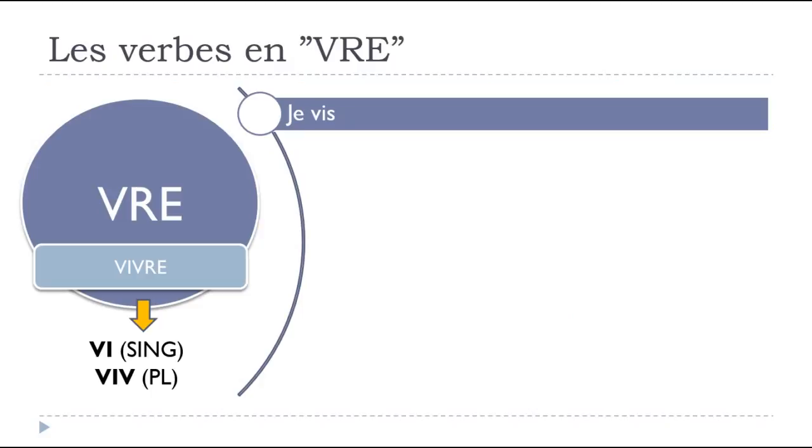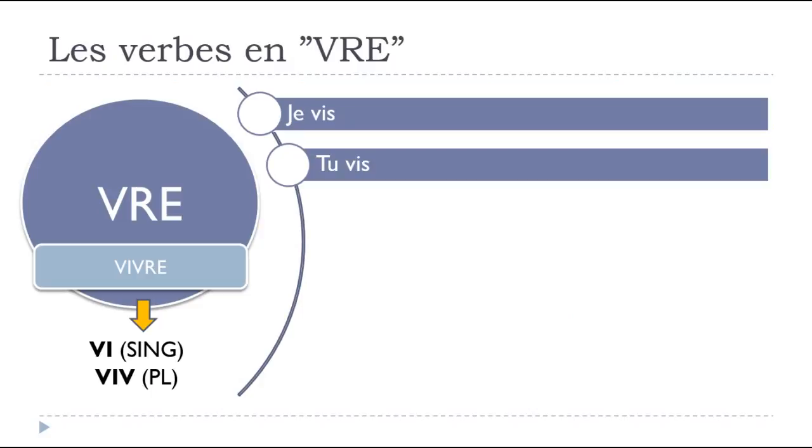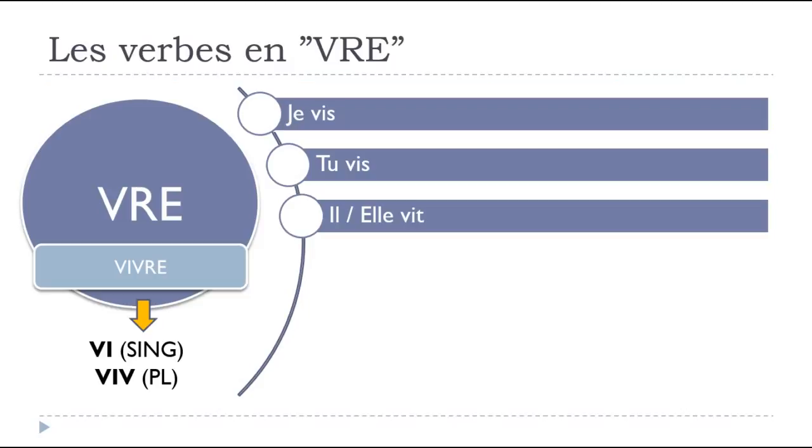You will get je vis, tu vis, il vit, elle vit. We do agree that you take this root or stem here, you put it right here, and after that you put the ending. For je it will be s, for tu it will be s the same, and for il, elle it will be t.